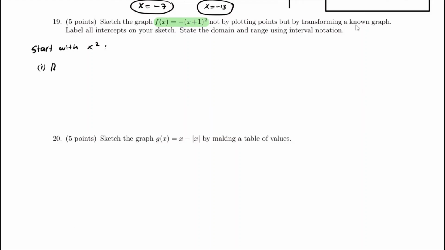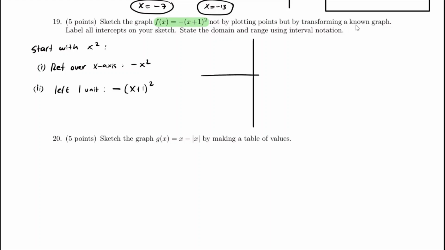So this will be a reflection over the x-axis. So that will give you the negative x squared. And then that plus 1 inside the parentheses, it's going to go to the left. So we're going to go left 1 unit. So that'll give us, take the one we reflected, and then we do plus 1 to that, and that will be the final sketch. So here's our xy plane, and we will see how this looks like.